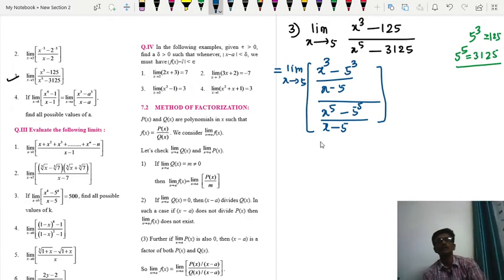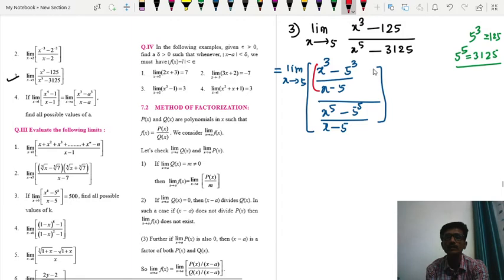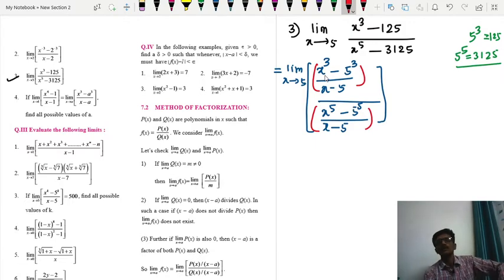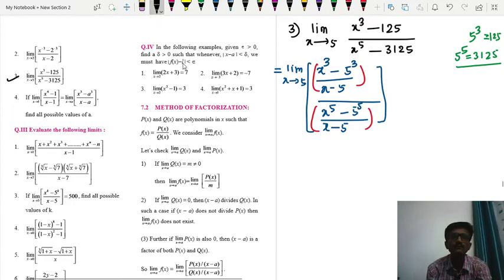Okay students, now limit of f(x) upon g(x), here I divided by x minus 5. So limit of f(x) upon g(x) is what? Limit f(x) upon limit g(x). So let's do that.